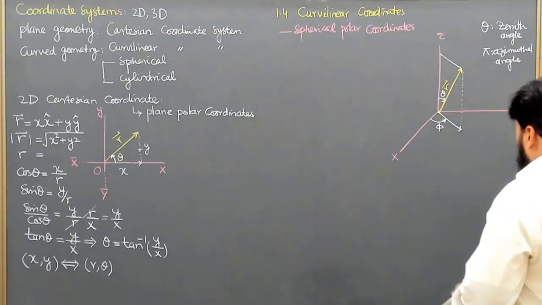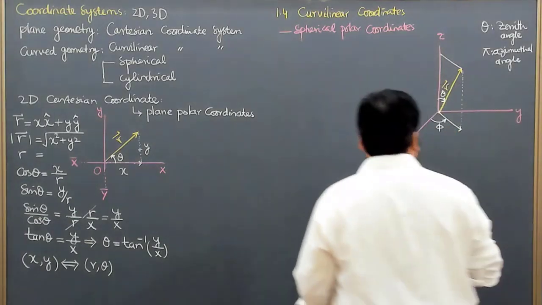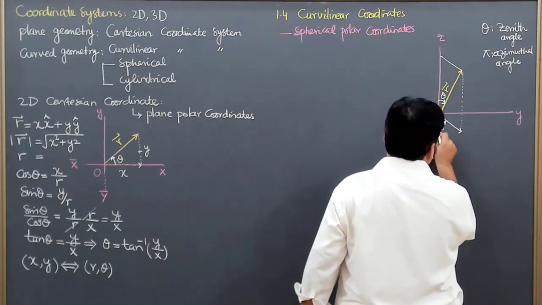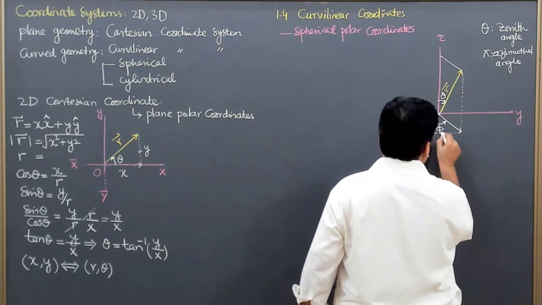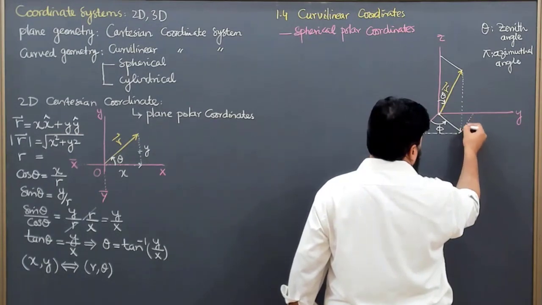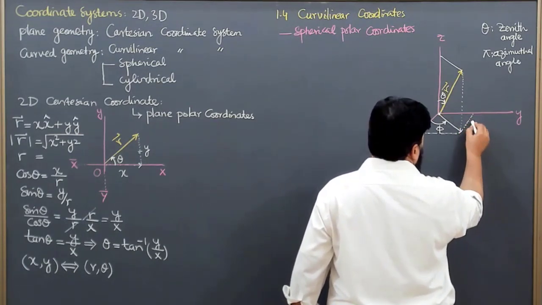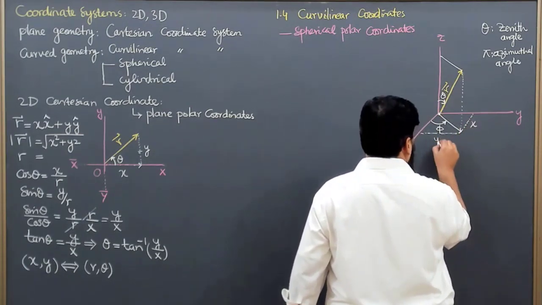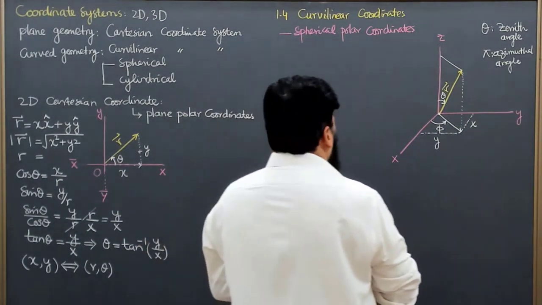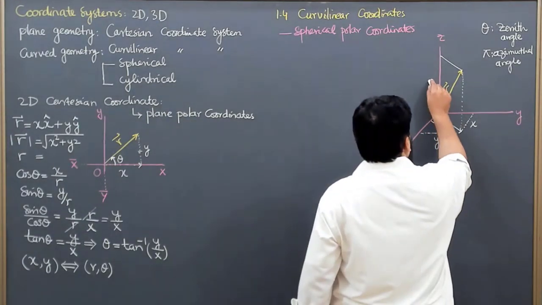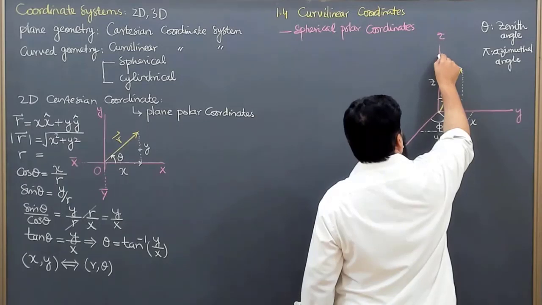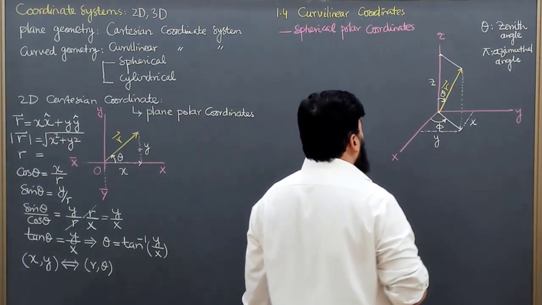Now here I will have the x and y components of this. This is the x component and this is the y component on this plane, and this is the z component, from here to here.